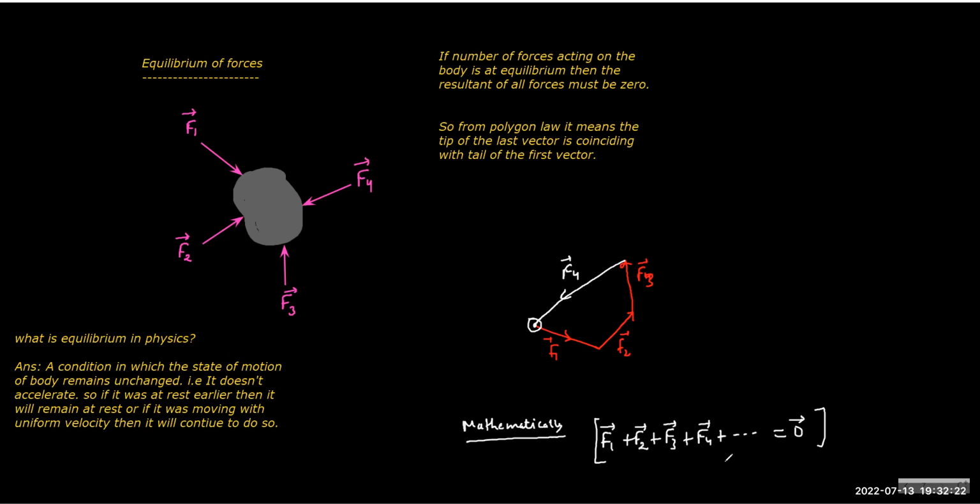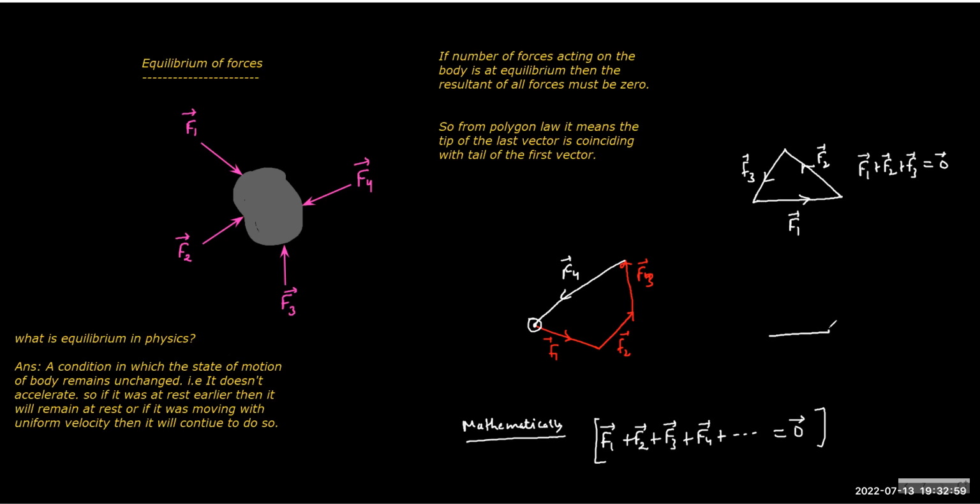So are you getting the idea of what equilibrium of forces is? Yes, sir. So if I draw a diagram with forces 1, 2, 3 and ask you the resultant, you can just tell me the answer. Zero vector. So if I ask what is F1 plus F2 plus F3, the answer is the null vector. It's nothing, because the beginning and end are coinciding.